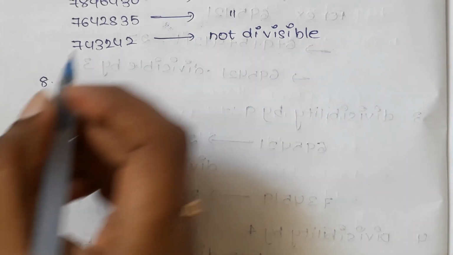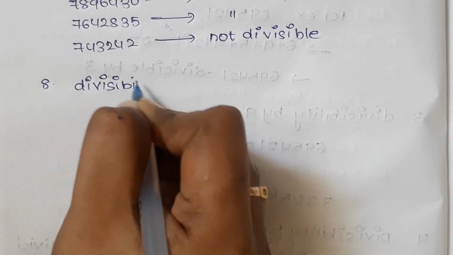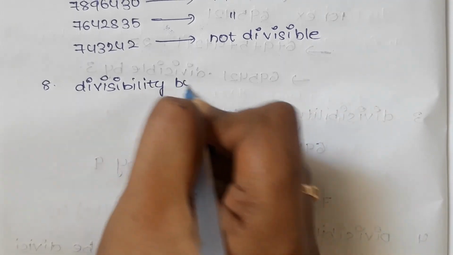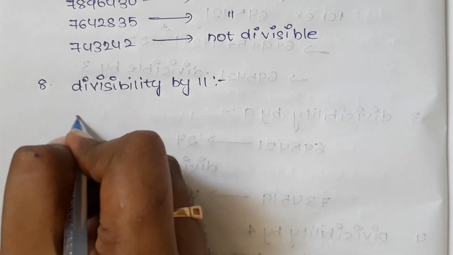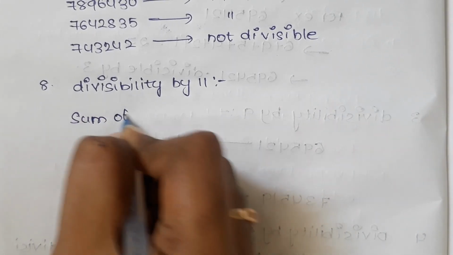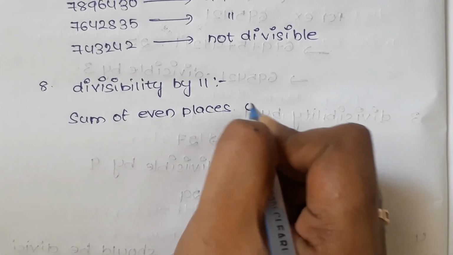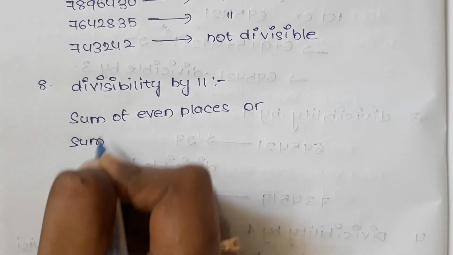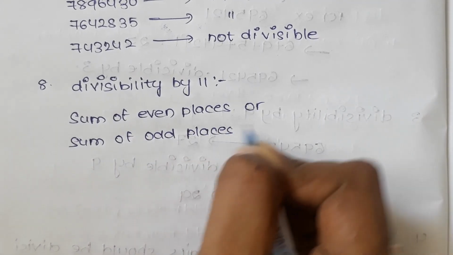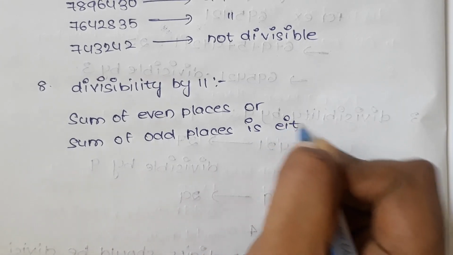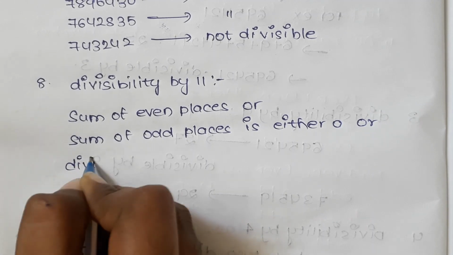And the next one is divisibility of 11. That is, here a number will be divisible by 11 when the sum of even places or the sum of odd places is either 0 or divisible by 11.